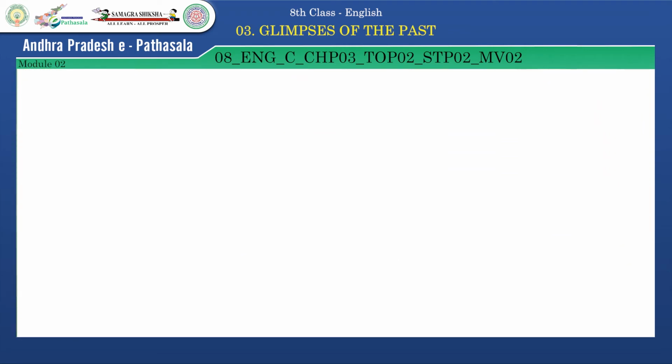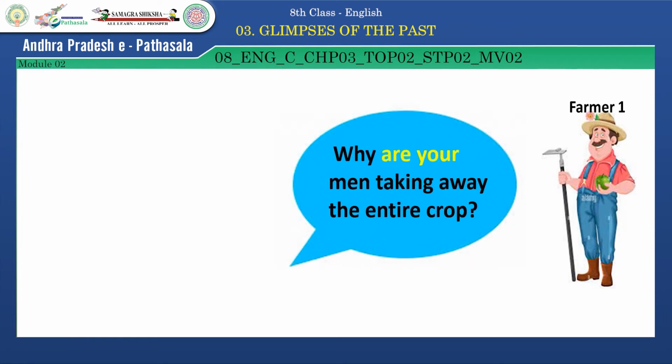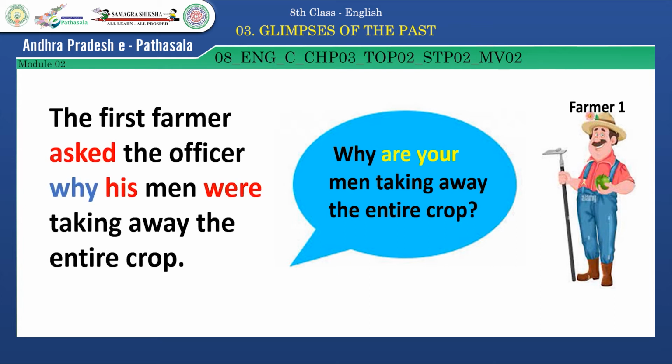Students, let's see the actual words of the first farmer. "Why are your men taking away the entire crop?" When we change this into indirect speech, we can say the first farmer asked the officer why his men were taking away the entire crop.